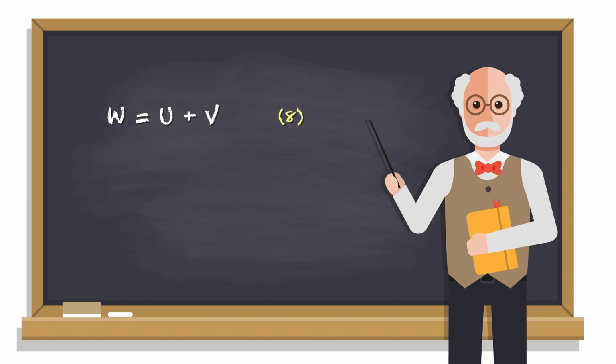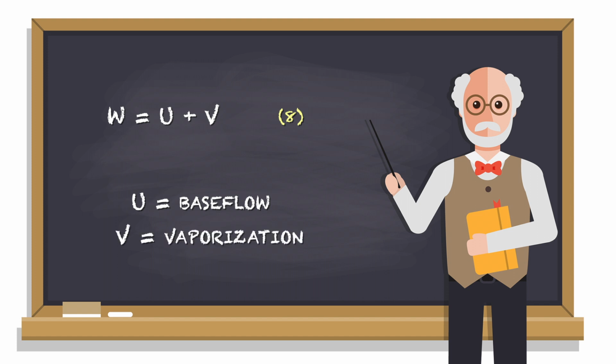In turn, wetting is separated into two components, in which U equal baseflow, that is, the fraction of wetting which exfiltrates as the dry weather flow of streams and rivers, and V equal vaporization, that is, the fraction of wetting returned to the atmosphere as water vapor.